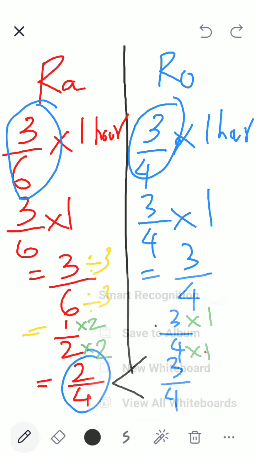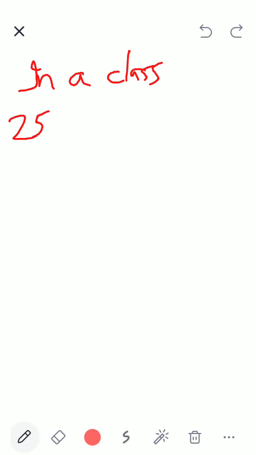So now let us do another problem. Another word problem. Okay. We have a class. In a class, 25 students, they got 75%.